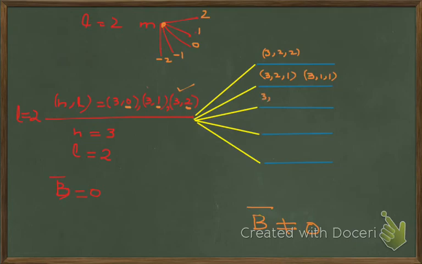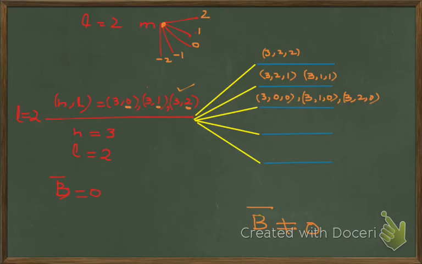Next we have 3 0 0, 3 1 0 and 3 2 0. Again for these three levels M equal to 0, so they are also degenerate.